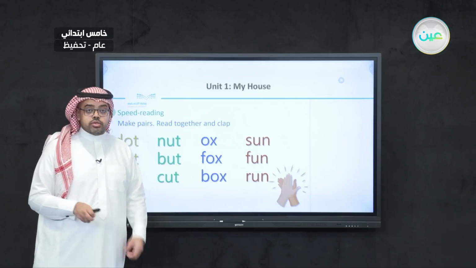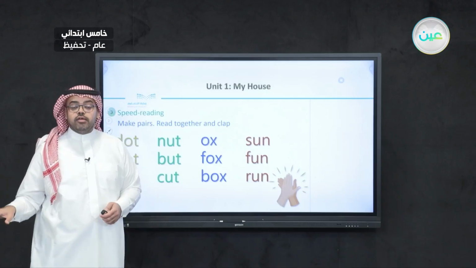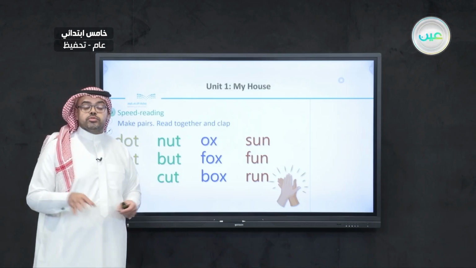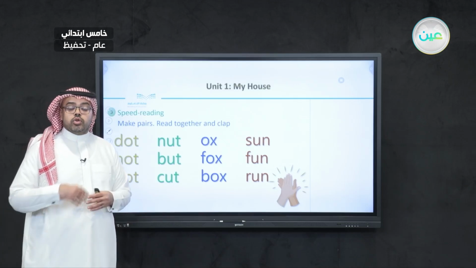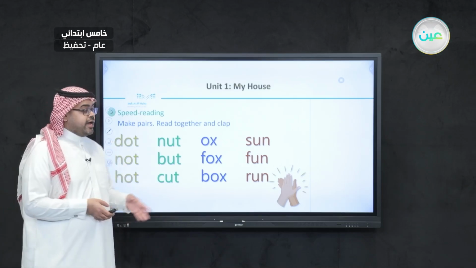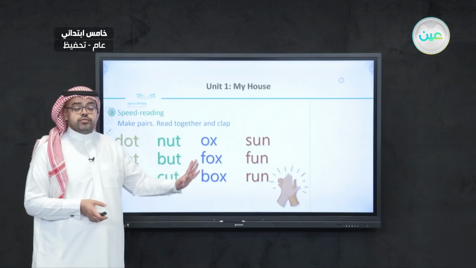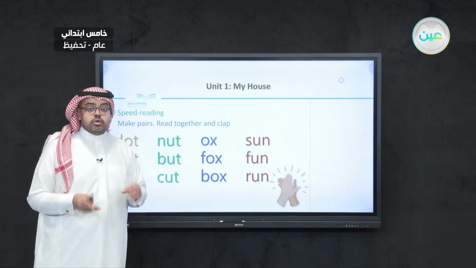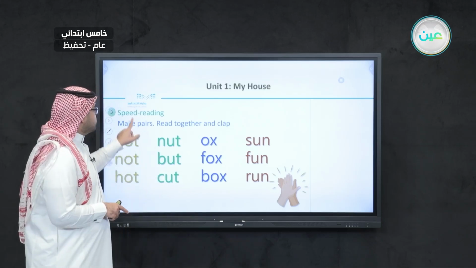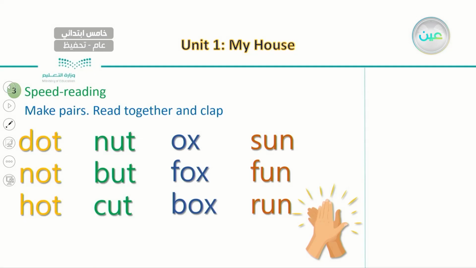So make sure that when you gather together with your classmates, family members, friends, or relatives and have these words in front of you, you can read them, not only reading, but also speed reading, as we did, and clap once you read them.